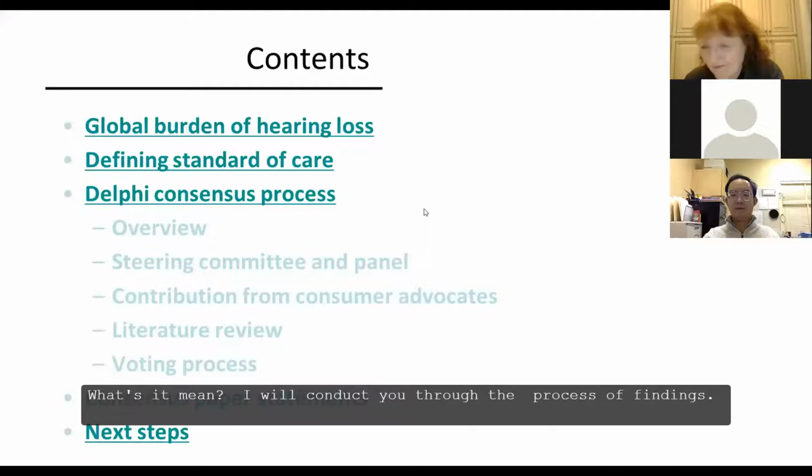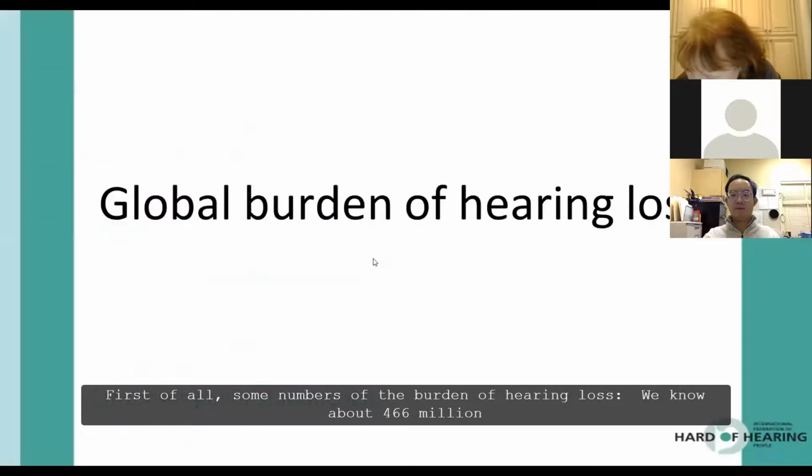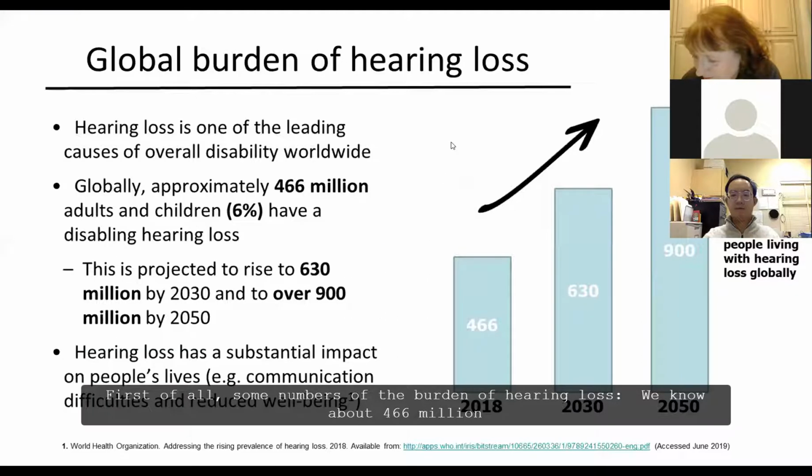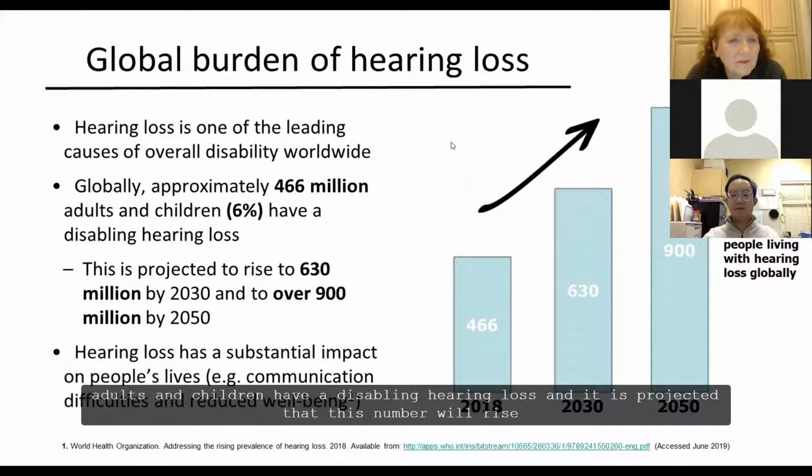Okay, so what does it mean? I will lead you through the process of finding. First of all, some numbers on the burden of hearing loss. We know that about 466 million adults and children have a disabling hearing loss.